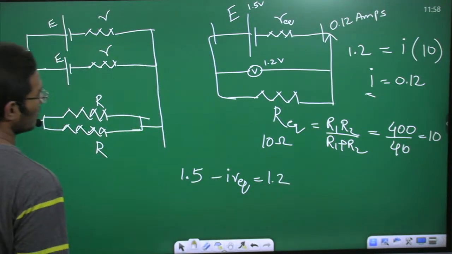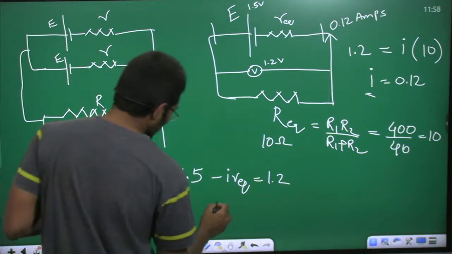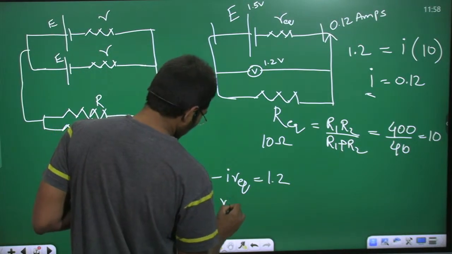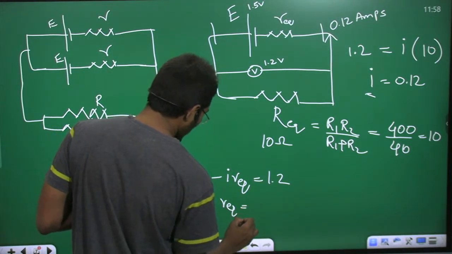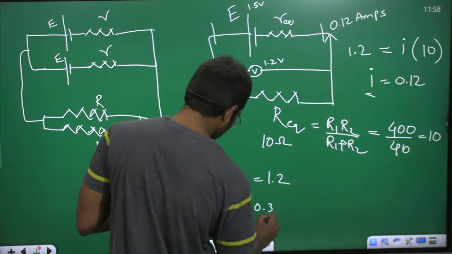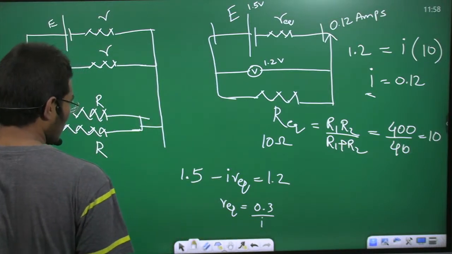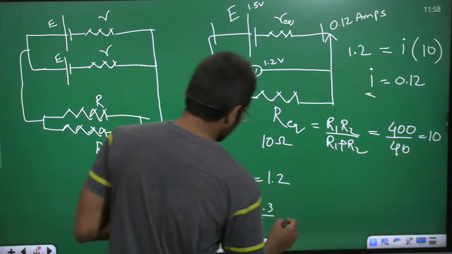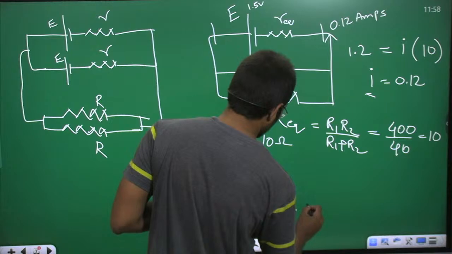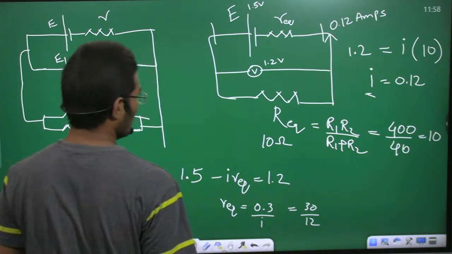Okay, from the first circuit, if you apply Kirchhoff law, I R equivalent will be 0.3 by I, right? So what is I? 30 by 12, we can write.